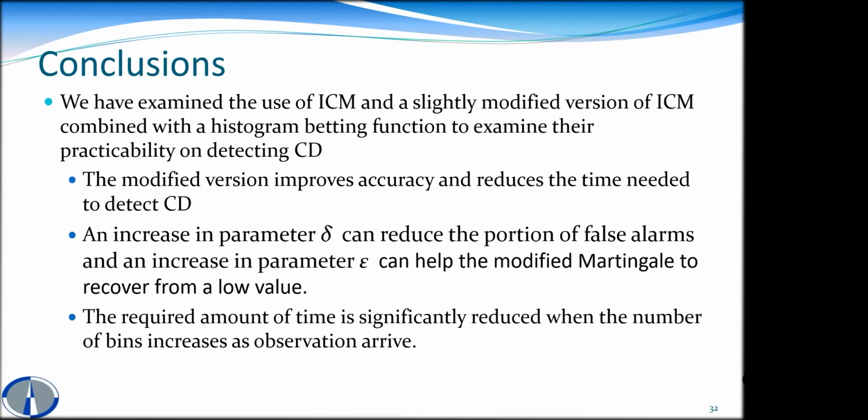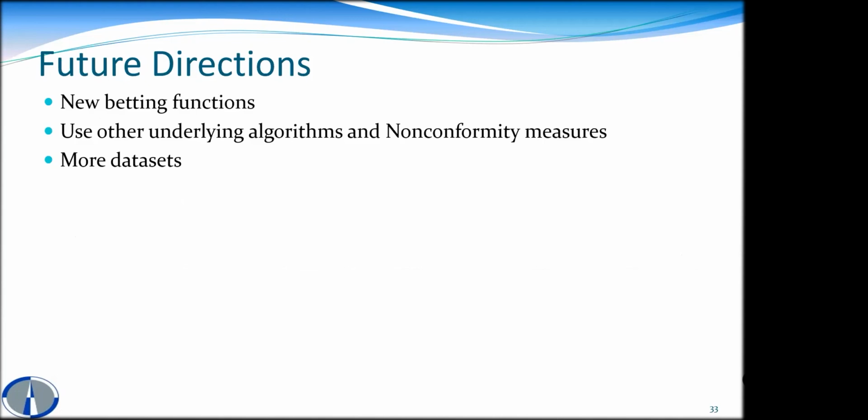The required amount of time is significantly reduced when the number of bins increases as observations arrive. In the future, we intend to find a more advanced density estimator, use other underlying algorithms, and more datasets.